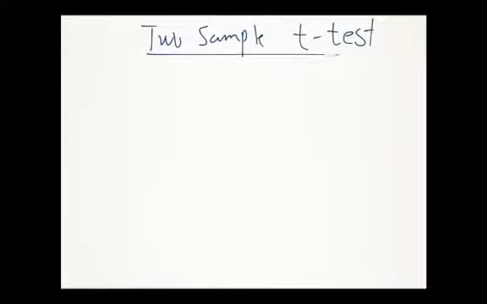Okay? So the two-sample t-test. Okay. Remember, we said that every statistical test has underlying assumptions that need to be met in order for you to use that test. So what are the assumptions of a two-sample t-test?